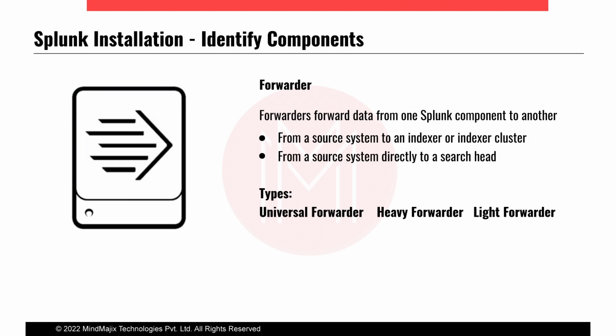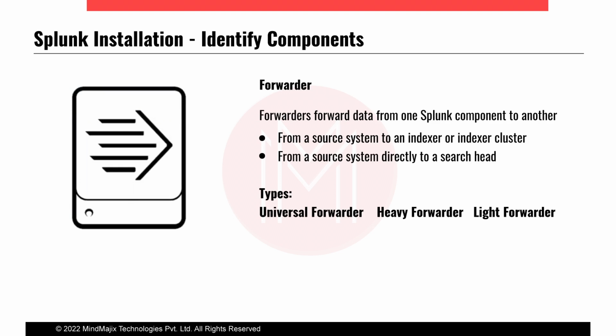To quote an example, sometimes credit card data from a customer needs to be masked before it is forwarded to the Splunk indexing layer, so you can use a heavy forwarder and mask the data before it is transmitted to the indexing layer itself.